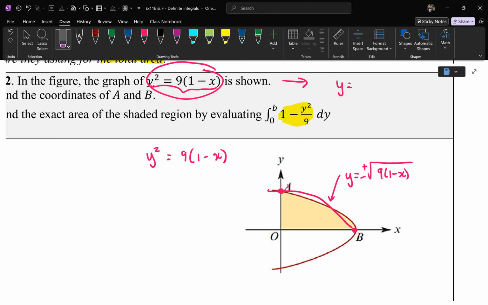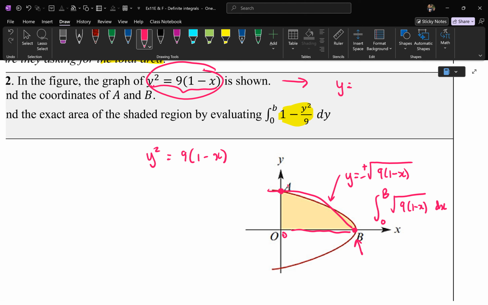So to find the area, you integrate between 0 and wherever this B point is, the positive root of 9 times 1 minus x, dx. Notice dx is with respect to x, the rectangles are made along the x-axis.